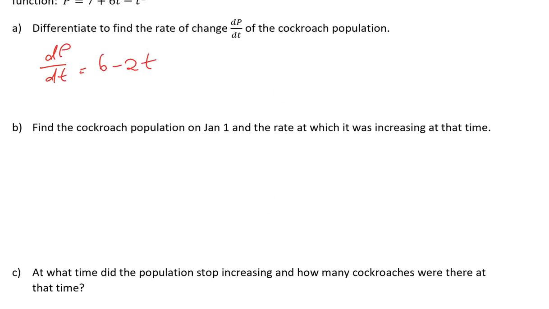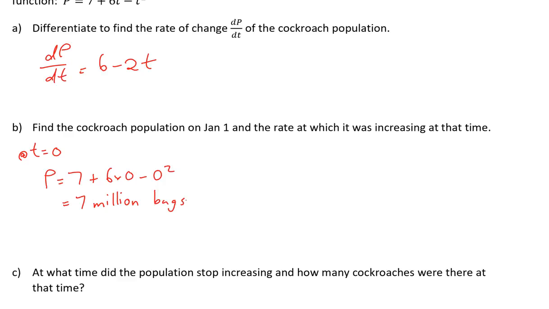Now, find the cockroach population on the 1st of January. That's where, at t equals 0, my population is equal to 7 plus 6 times 0 minus 0 squared, which equals 7 million bugs.